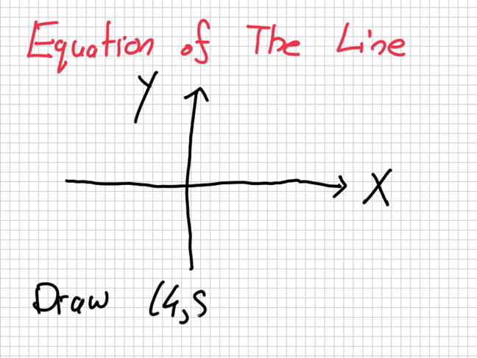So I have to put my numbers in. This is the x and the y. So the 4 is the x and the 8 is the y. So I want to go to 4. So let's say 1, 2, 3, 4.